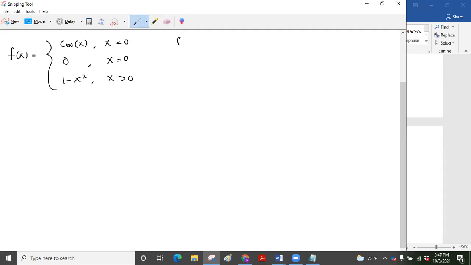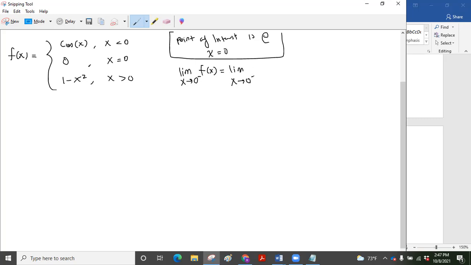So my point of interest is at x equals 0. Which means that the limit as x approaches 0 from the left of f of x should equal the limit as x approaches 0 from the right of f of x. And both of these should equal f of 0. Let's see if this works.